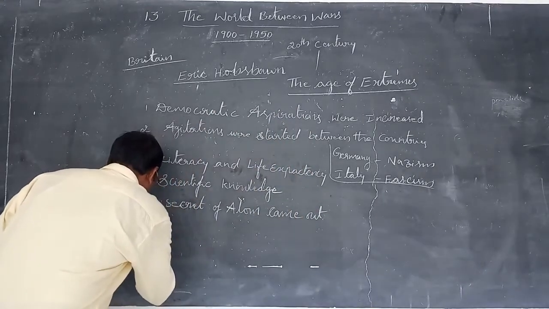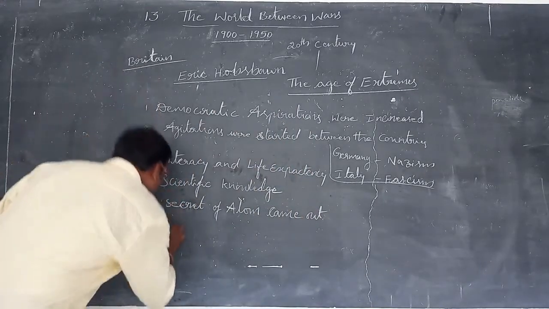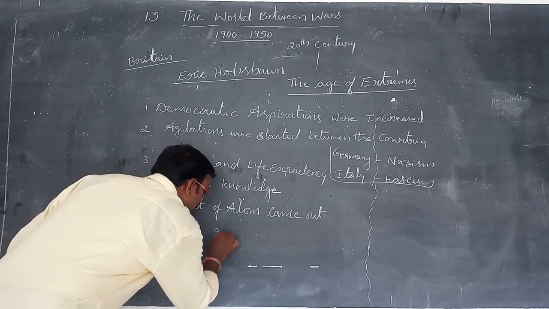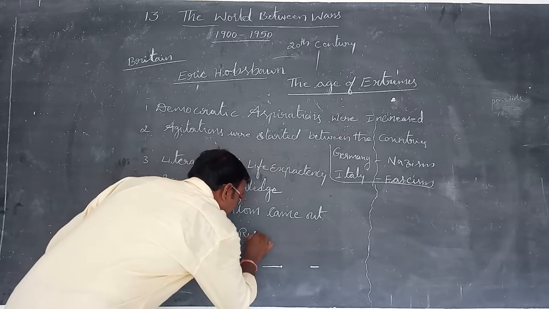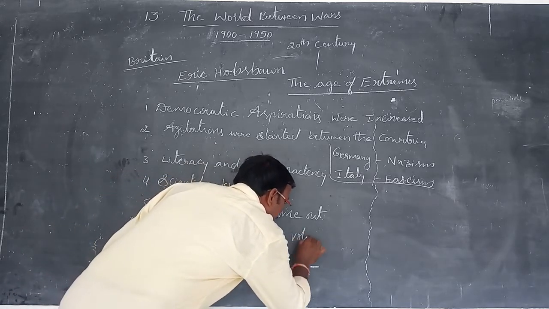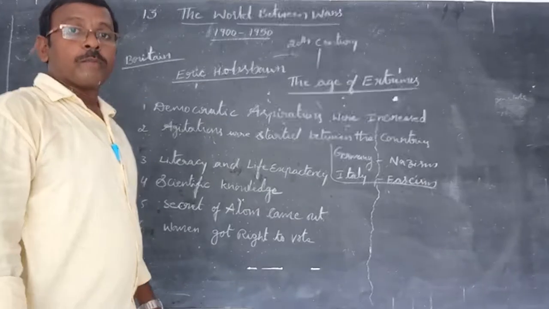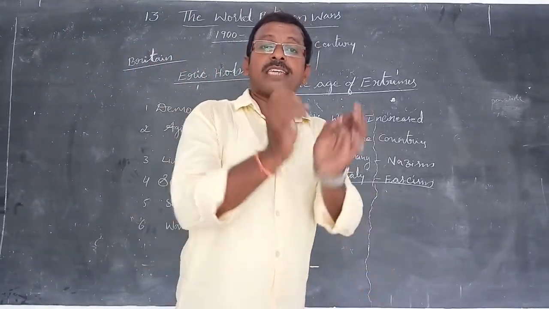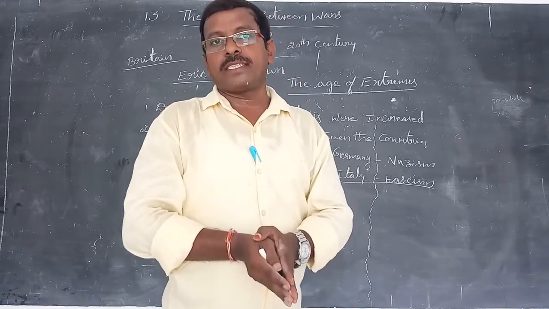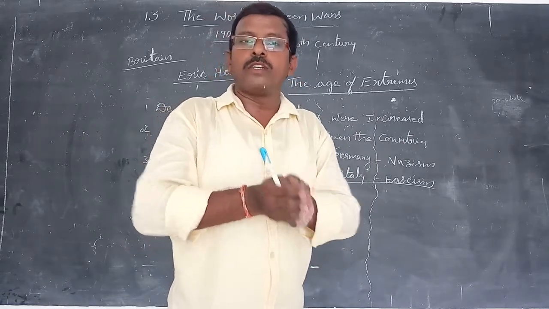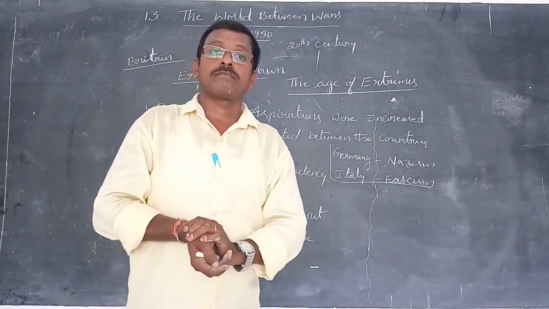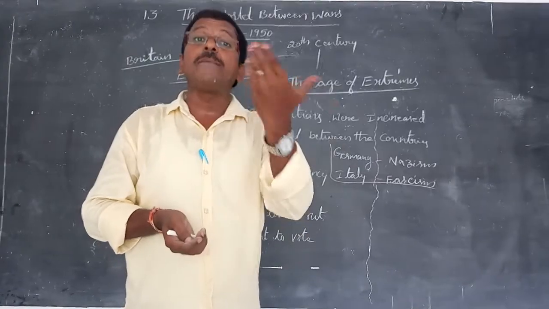Next, the sixth one: women got the right to vote. Many countries started independence movements across the world. They fought for freedom, got it, and became independent countries.